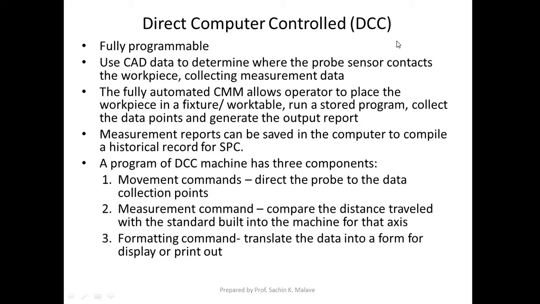The program of this DCC machine has three components, since we know that it is fully programmable. So what does the program contain? Basically, the program of DCC has three components: motion commands or movement commands, then measurement commands, and third, formatting commands.